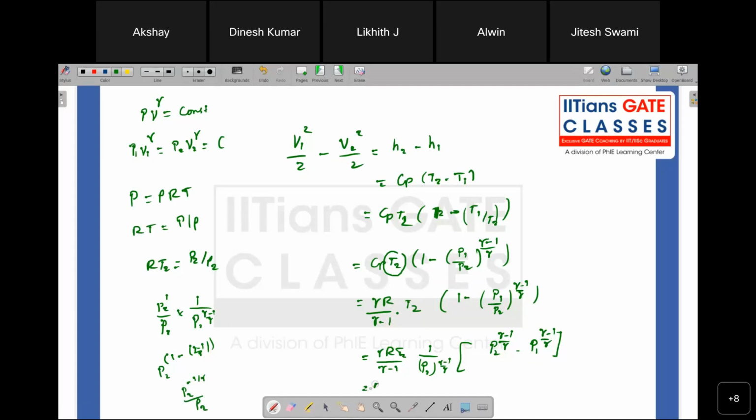That is nothing but gamma by gamma minus 1 times P2 to the power of minus 1 by gamma whole divided by rho 2 times P2 power gamma minus 1 by gamma minus P1 power gamma minus 1 by gamma, right?